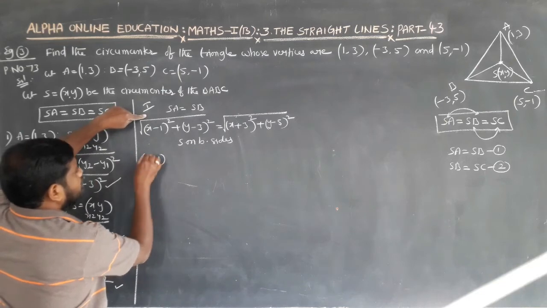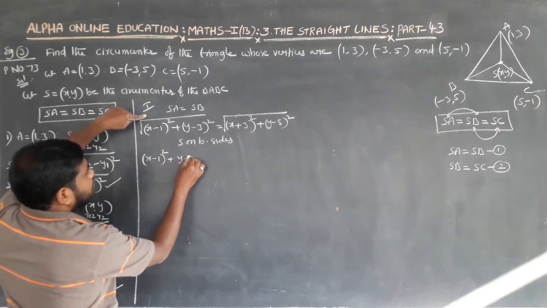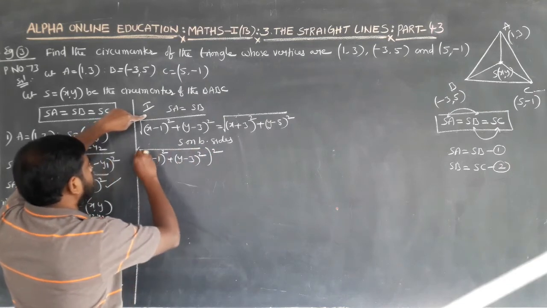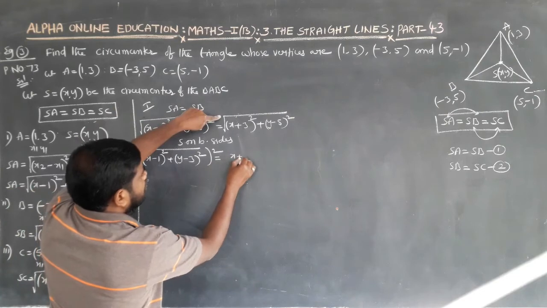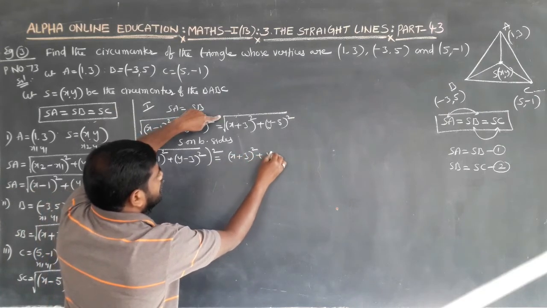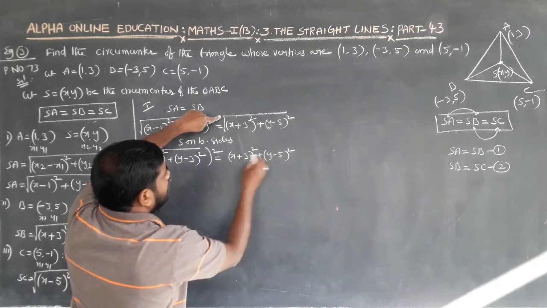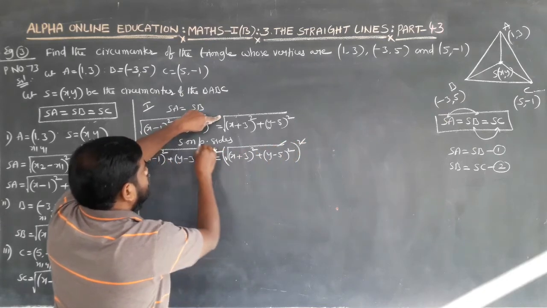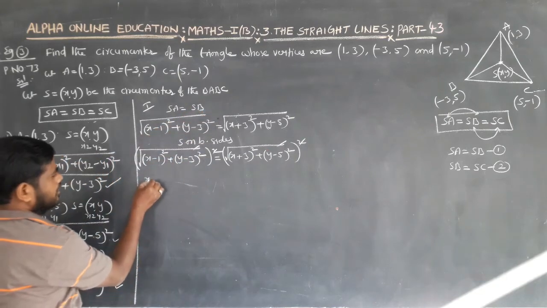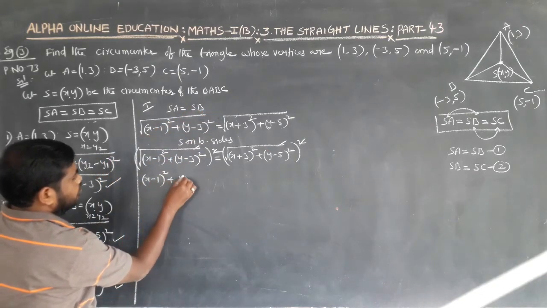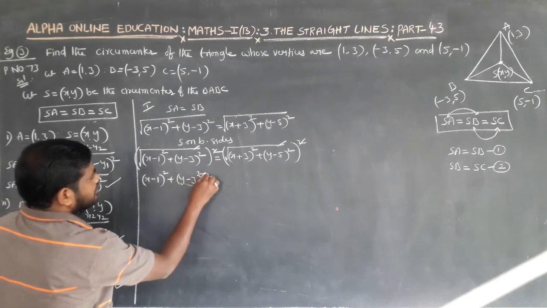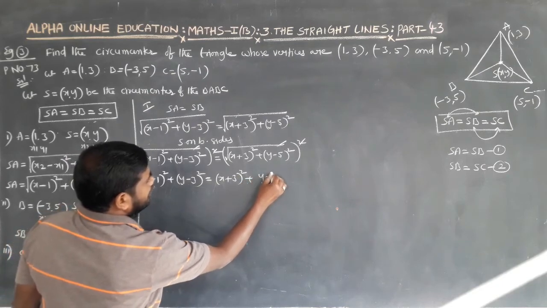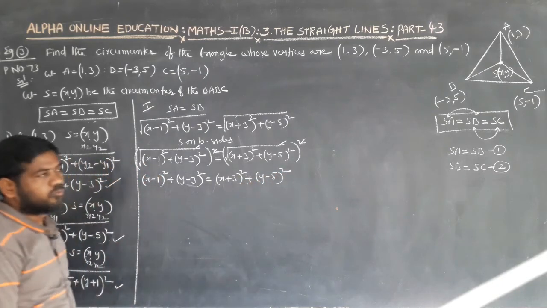So (x minus 1) whole squared plus (y minus 3) whole squared is equal to (x plus 3) whole squared plus (y minus 5) whole squared.